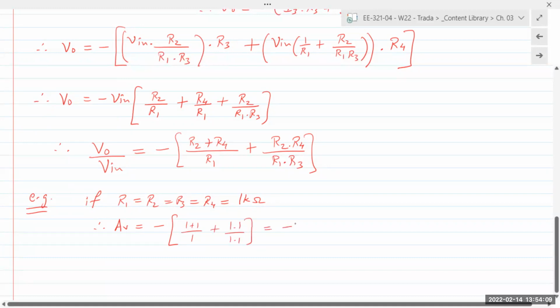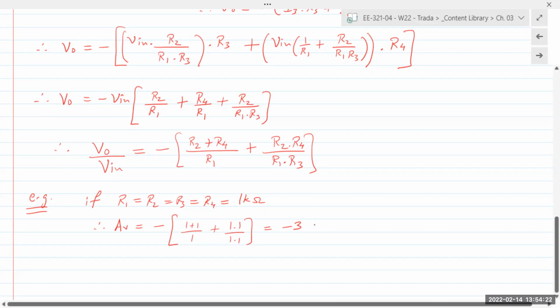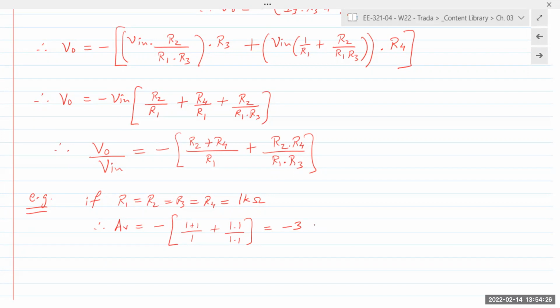So minus 3. So the point is, if you have limited number of resistors in terms of value, if you just have like 10 quantities of 1 kilo ohm, you can still build an amplifier with reasonable gain.